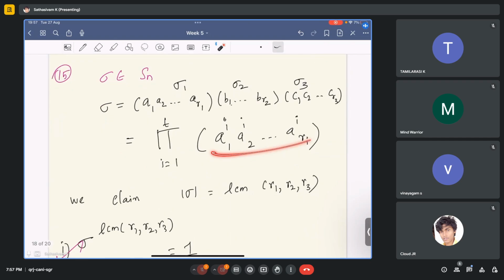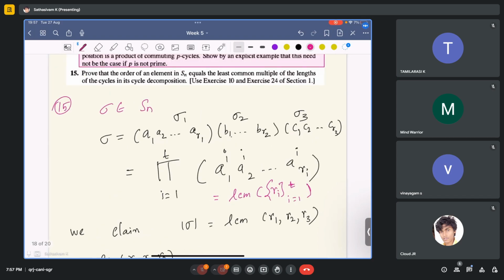Okay, in this case, if you write it as a product like this, here I did it 3 times. The proof goes exactly the same. Just replace 3 by n. Only some notation has to come. So this is nothing but the LCM of Ri, the set Ri, i equal to 1 to t. Okay. Just take the LCM.